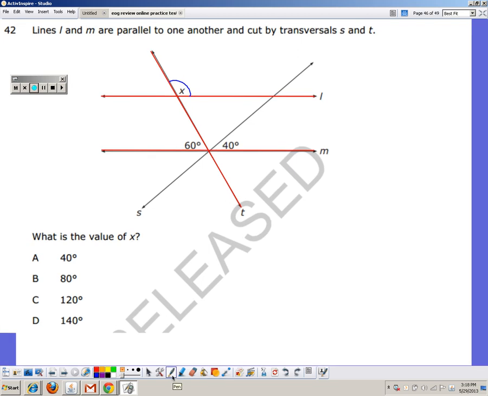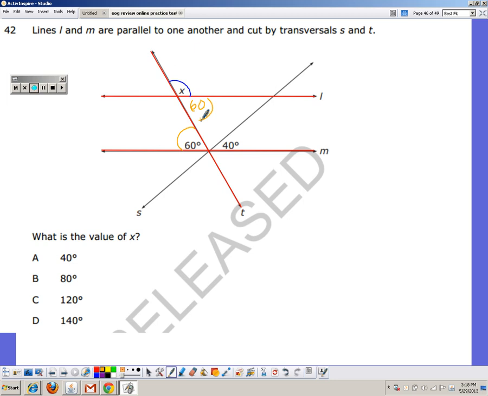So if you just look at those lines, 60 is here. We call 60 and the angle just opposite of it alternate interiors. They are congruent. So this angle here is 60, that means this one is 60 as well.